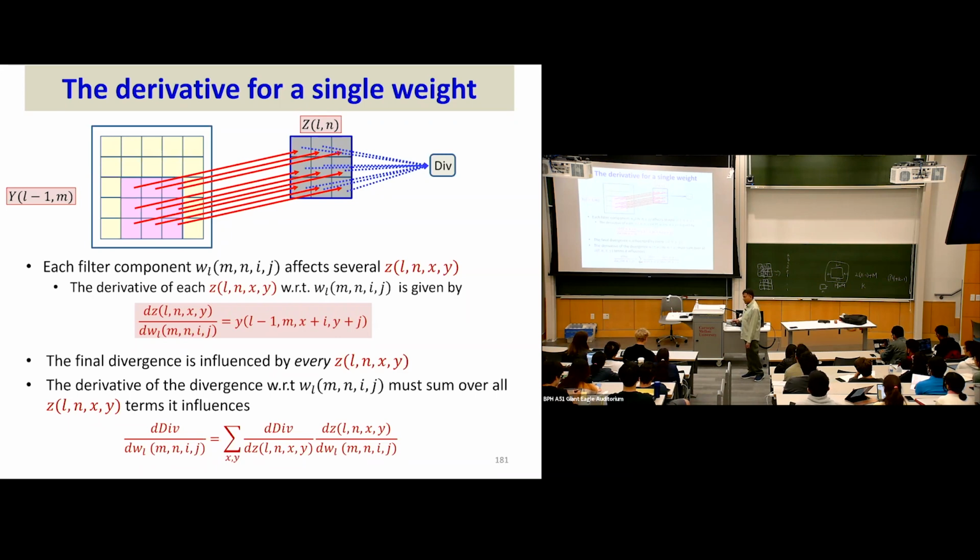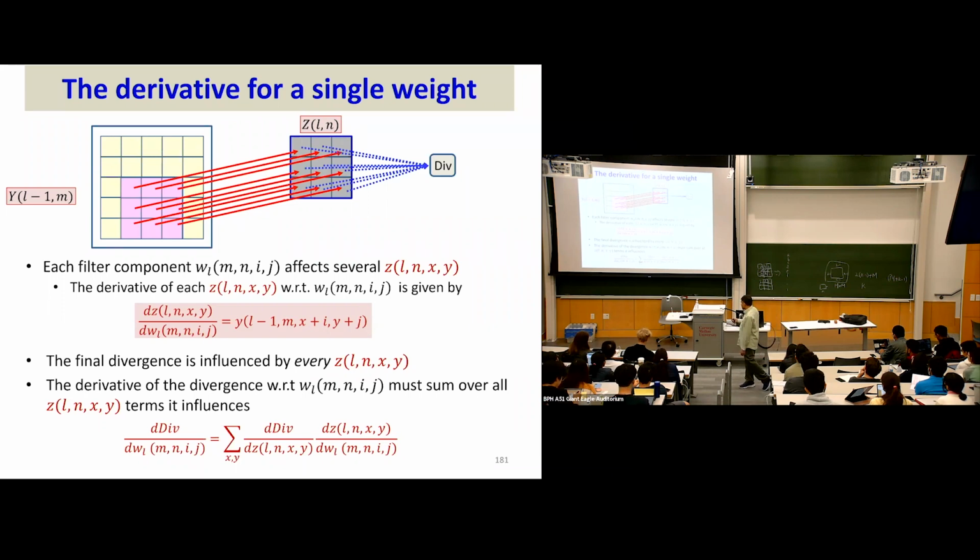So the derivative of the divergence with respect to Wij is the sum over all xy of the derivative of the divergence with respect to Zxy times the derivative of Zxy with respect to Wij.